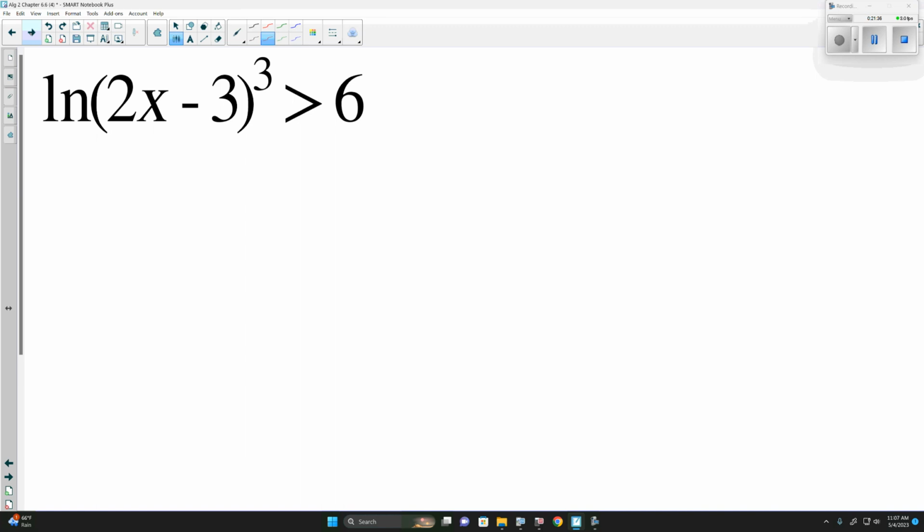So we'll look at this one here. This one really needs another set of parentheses because the 2x minus 3 is to the third. Now again, let's find the restriction first. So with natural logs, what's inside the logarithm has to be greater than 0. So here we're saying that 2x minus 3 has to be greater than 0.